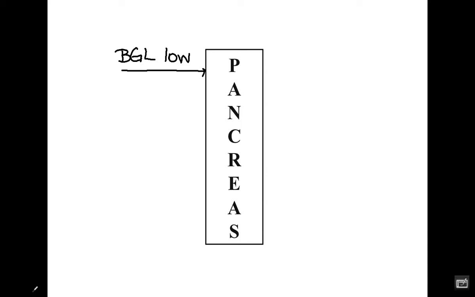We have two different types of cells. The cells that detect that the blood glucose levels are low are called the alpha cells. When the alpha cells of the pancreas detect that the blood glucose levels are low, they release a hormone that is going to counteract that. They release a hormone called glucagon.